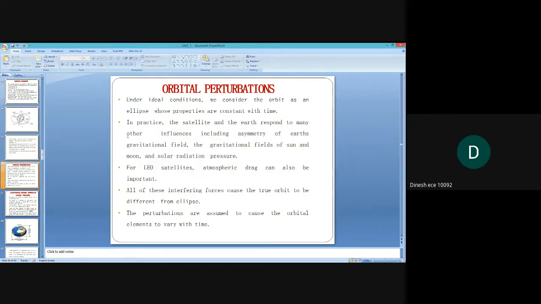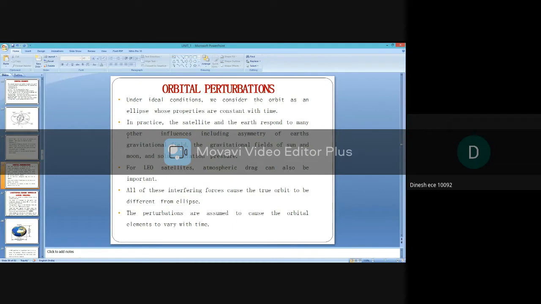For low Earth orbit, or LEO satellites, atmospheric drag is an important factor, such that the gravitational pull can be averted.